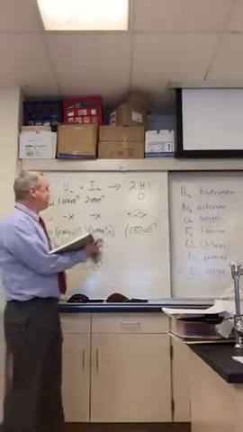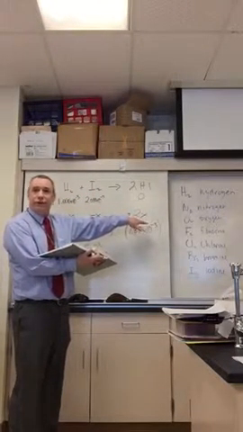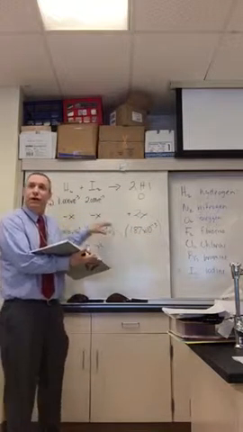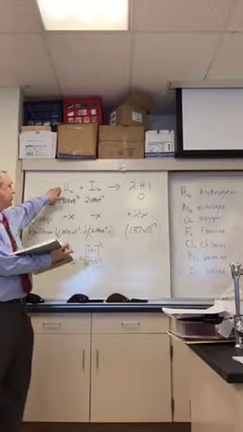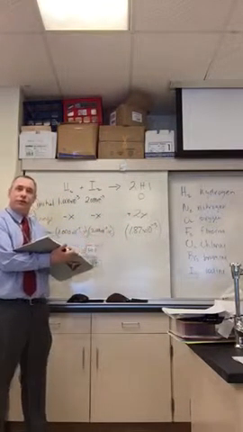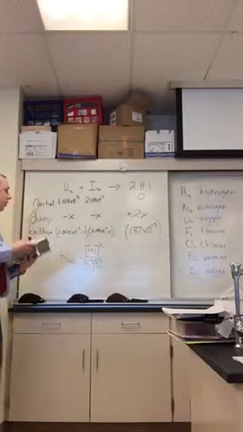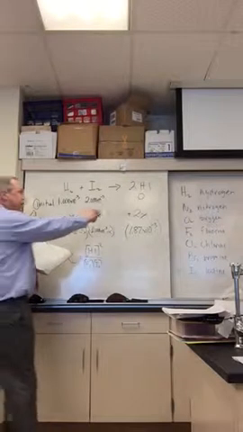If I lose x here, I get 2x of there, correct? And that's how you figure out the 2's and the x's. So I'm losing 1x, I get 2x. I'm losing 1x of this, I get 2x. And that's the stoichiometric relationship. So we can figure out the individual concentrations by this 2x.